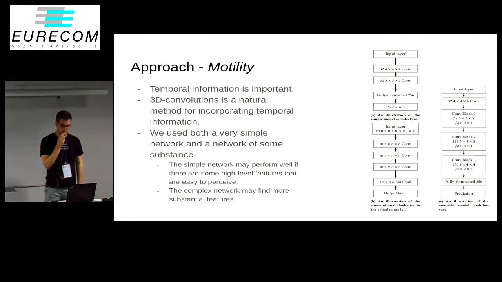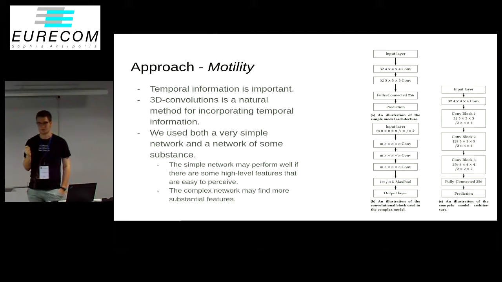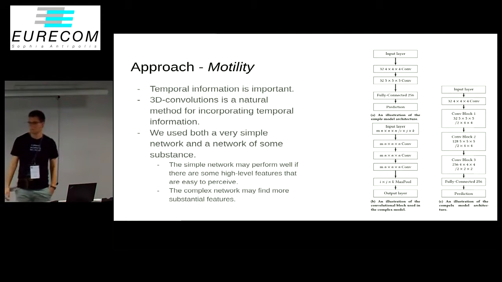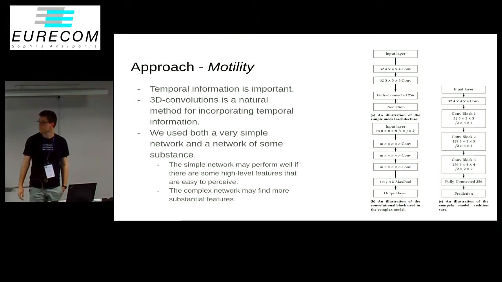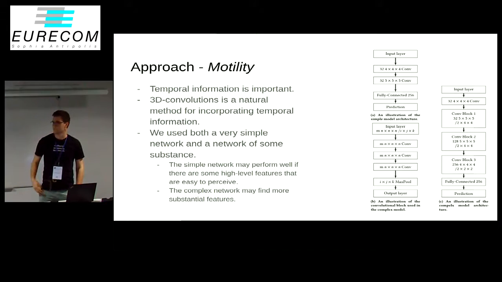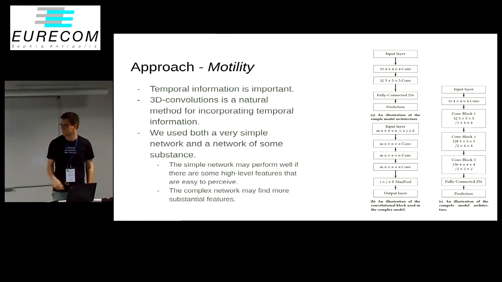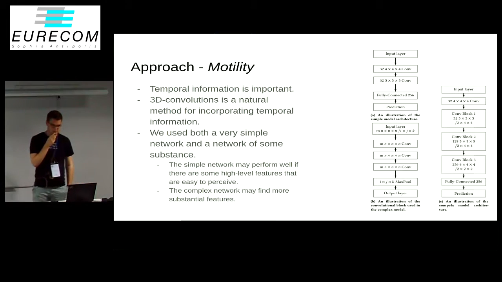And of course, I'll also train a more complex model, not that complex, but a bit more substantial than the first one, to actually have some chance of getting decent scores if the features aren't that obvious.